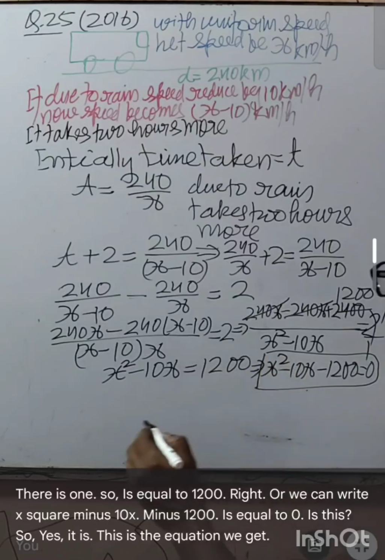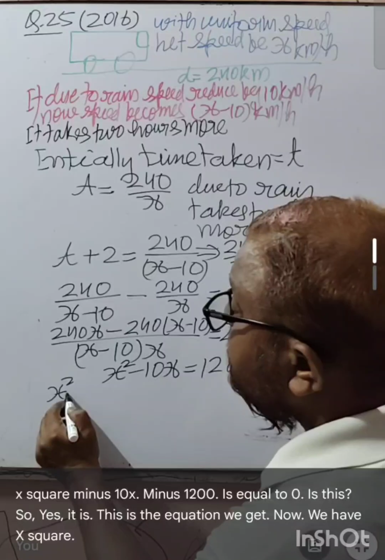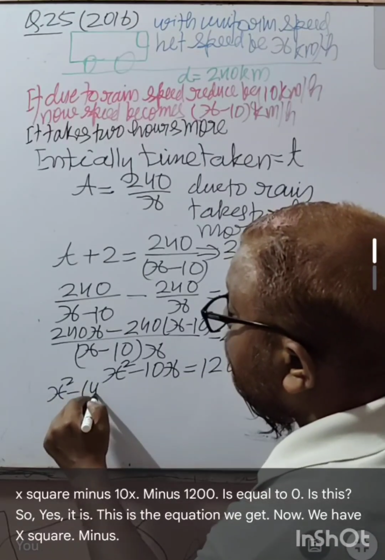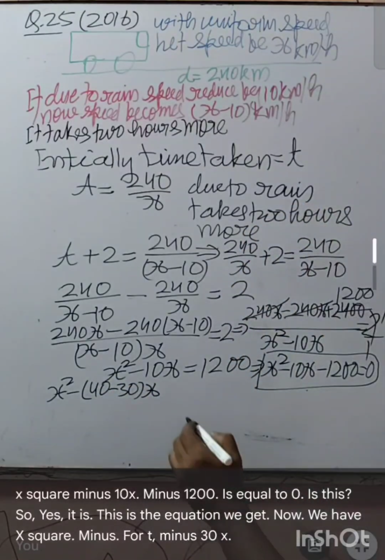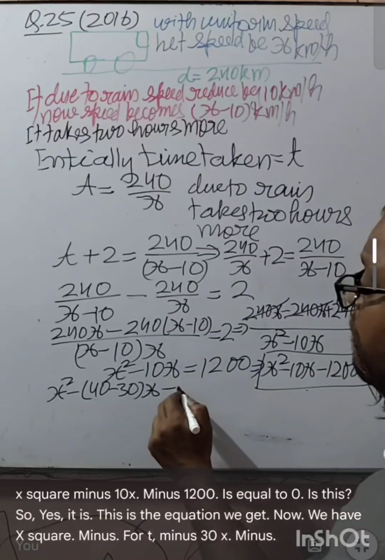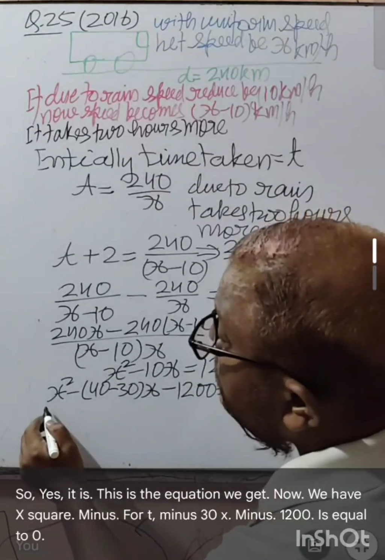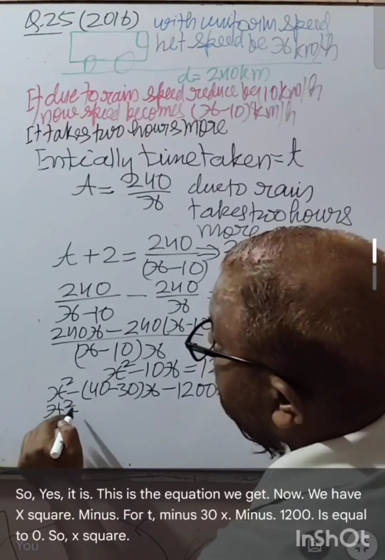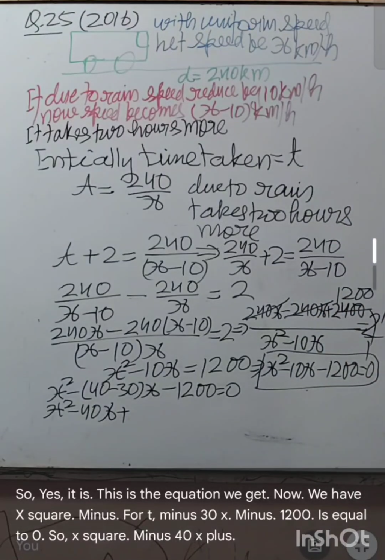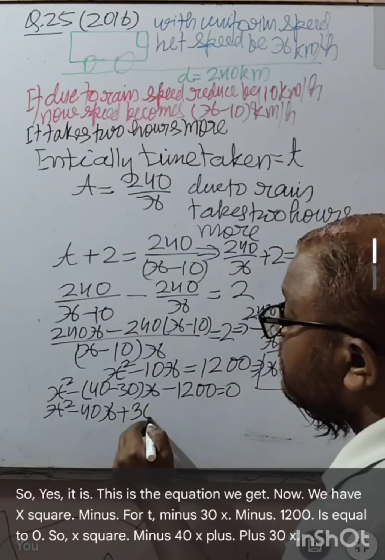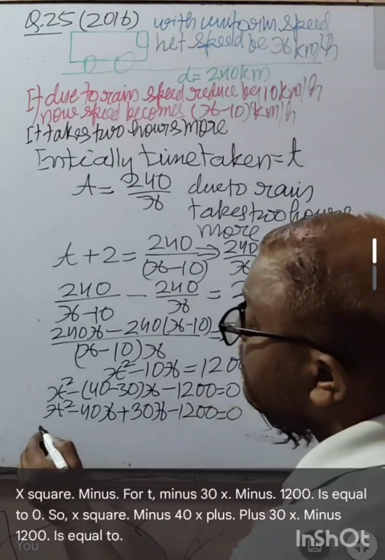Yes, sir. Now we have x square minus 40x plus 30x minus 1200 is equal to 0.